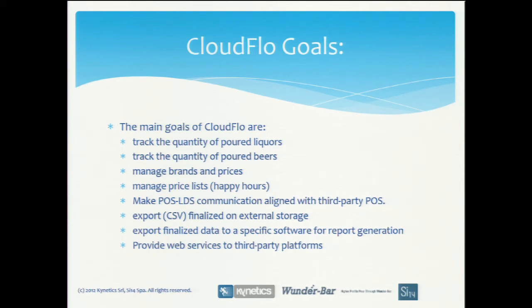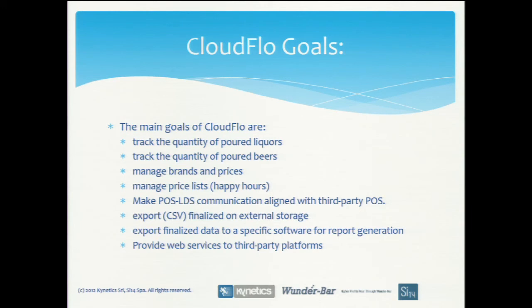The data are finalized into the DB. It's a Berkeley DB, so it's not just a DB for temporary data storage.